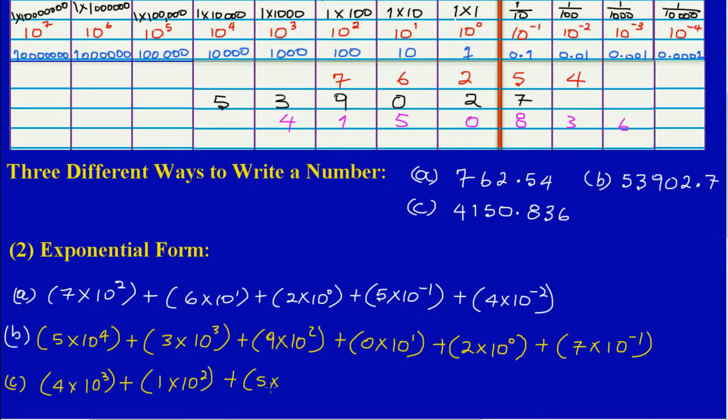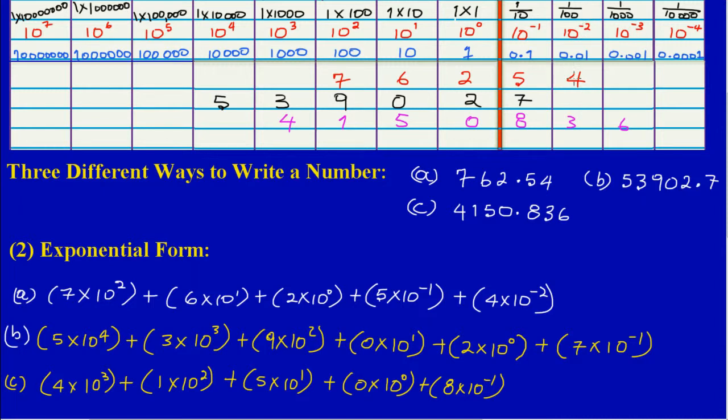So that's 5 times 10 to the 1 power, and that's being added to a 0 in the units column, so I have 0 times 10 to the 0 power. Okay, so as I move across my decimal point, in my 10th column I would have an 8, so this would be 8 times 10 to the negative 1.